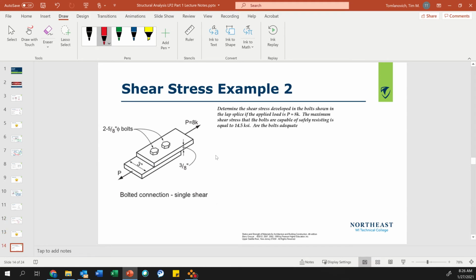Now knowing that, let's do an example. Determine the shear stress developed in the bolts shown in the lap splice if the applied load is P equals 8 kips.